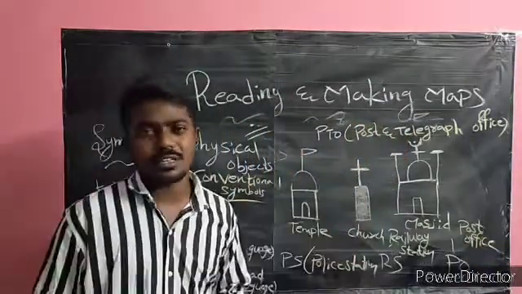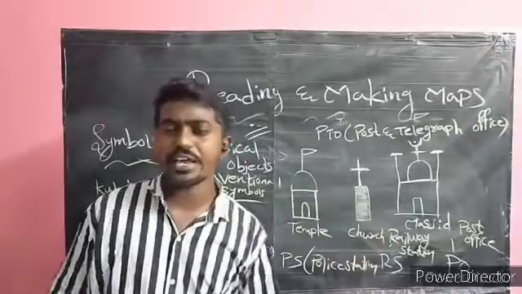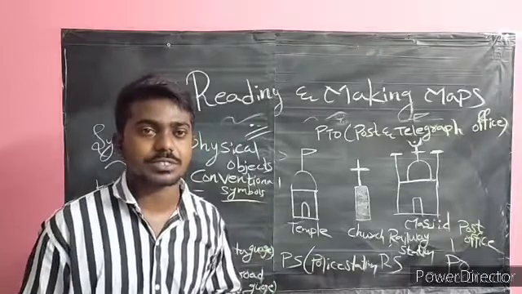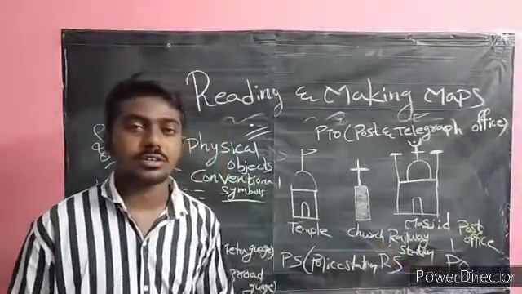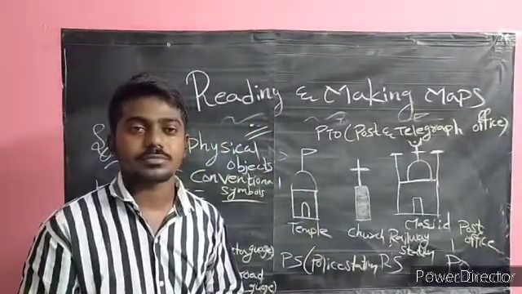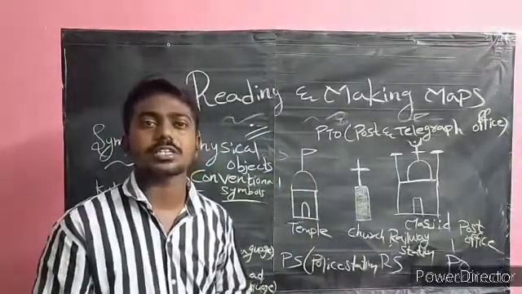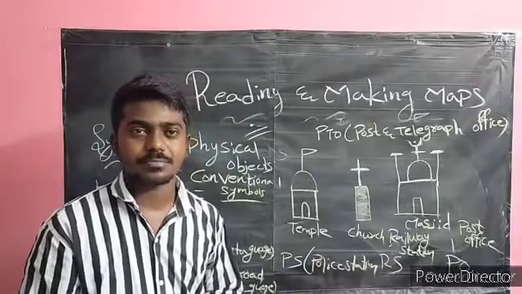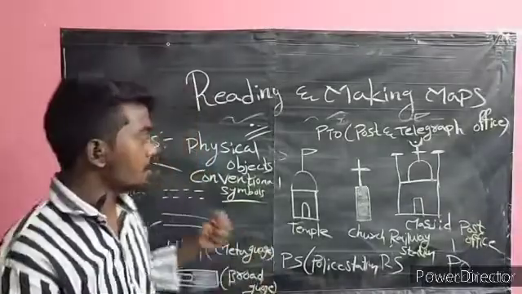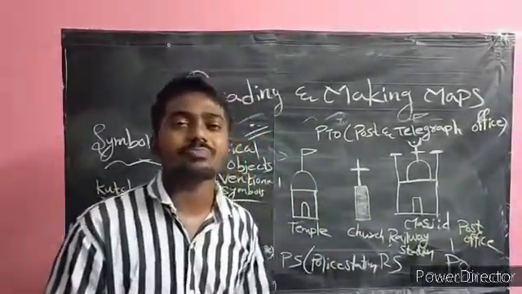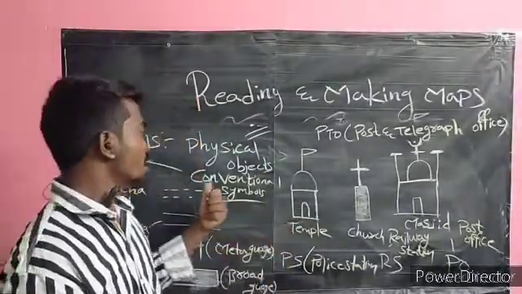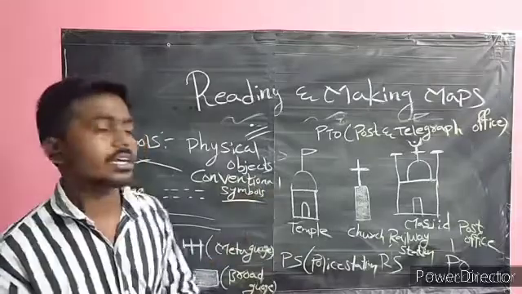By the symbols, by small drawings, we can know where we can find the temple, where we can find the post office. By knowing the abbreviations, we can find the particular location of our place, or the place we are willing to go to. By knowing the common symbols, we can find out very easily.